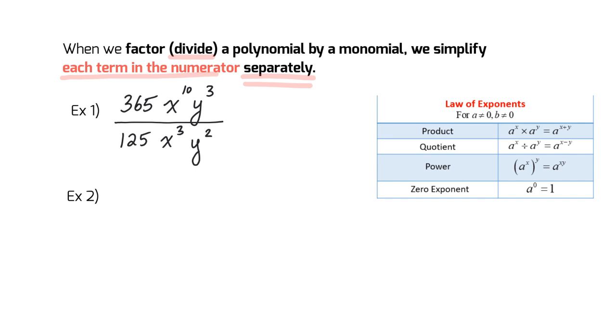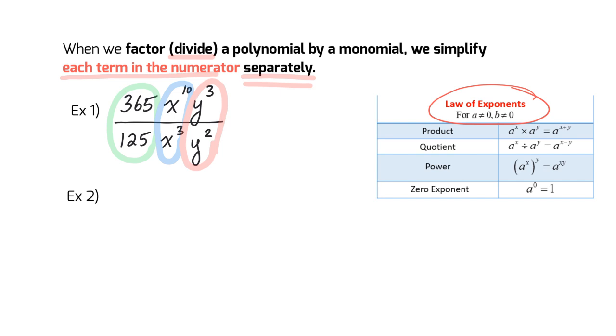When we go to simplify this expression, we want to simplify similar bases, meaning that we're going to simplify numbers with numbers, same base with same base. So each of the variables are simplifying each other. And when we simplify these variables, we are going to use our exponent laws that we learned in Chapter 3.